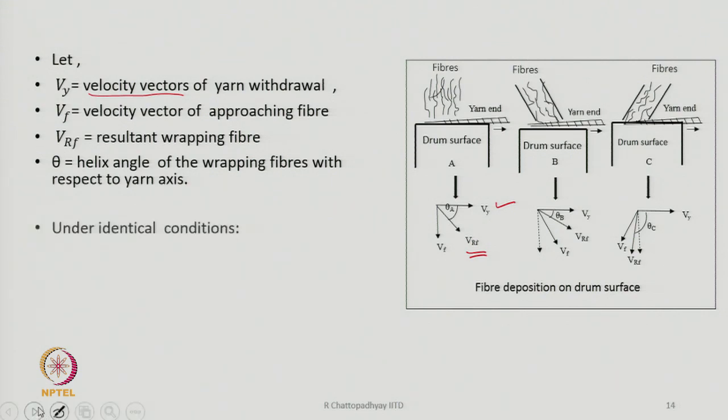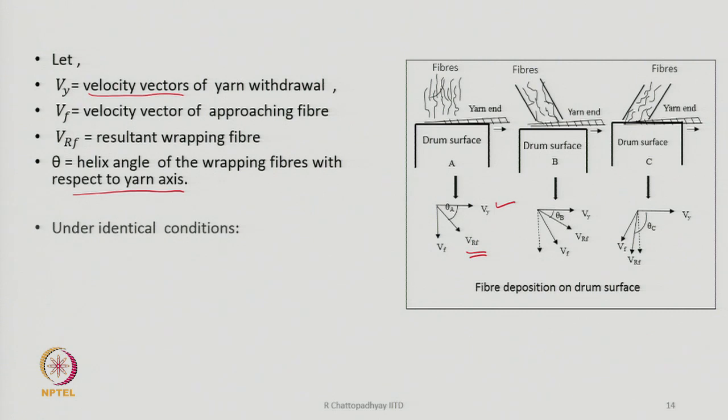And theta is the helix angle of the wrapping fiber with respect to the yarn axis. That is, on the yarn tail, as soon as the fiber arrives, it starts getting wrapped around the yarn end which is resting on the drum surface.